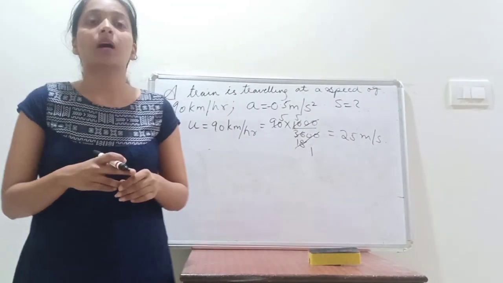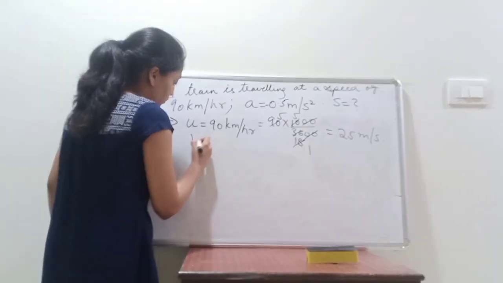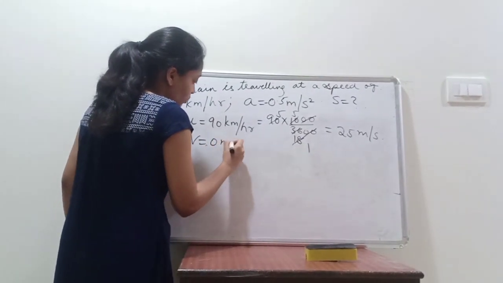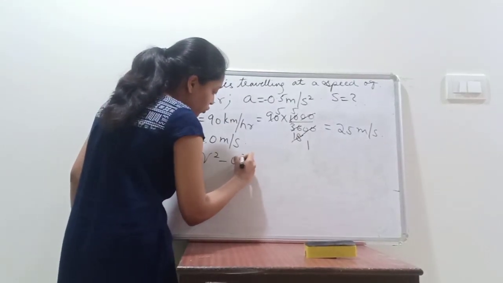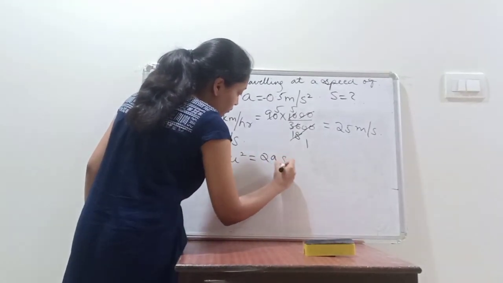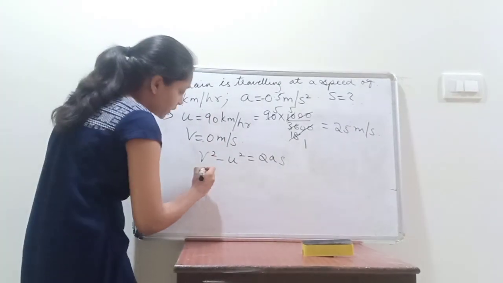Since the train comes to rest, its final velocity will be 0 meters per second. Now, using the third equation of motion, we can find out the distance travelled by the train before it came to rest.